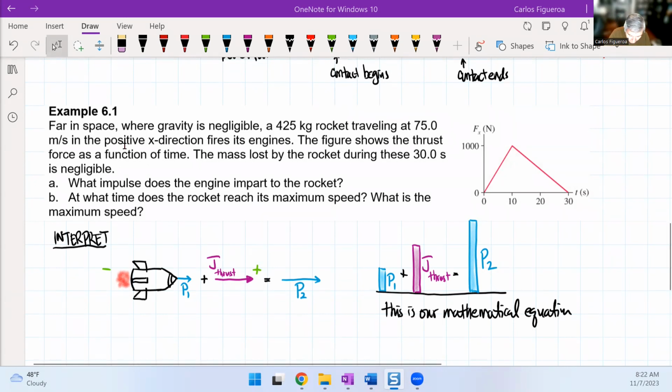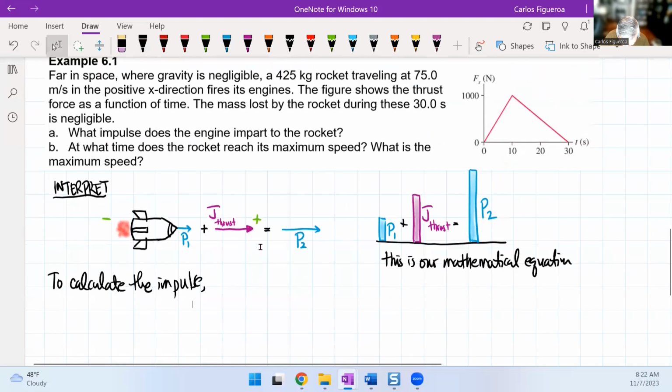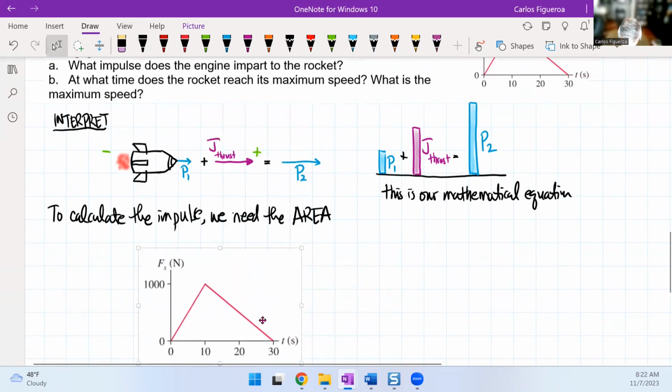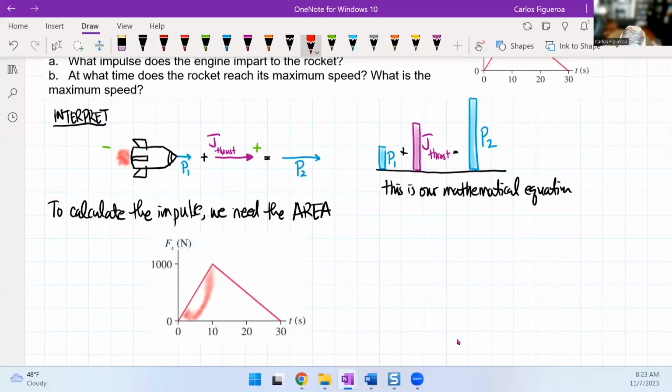Now, to calculate the impulse, we need the area. If I paste this graph here, my whole goal is to calculate this area. I need this area right here.